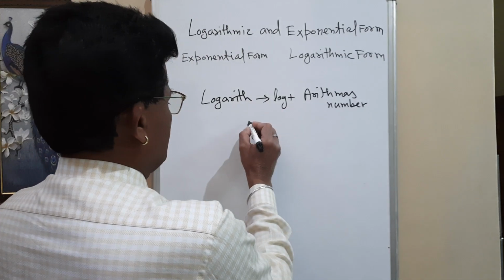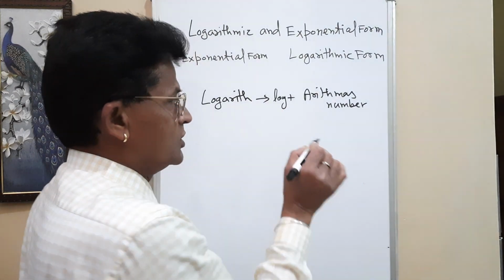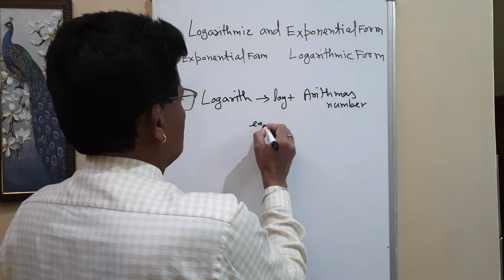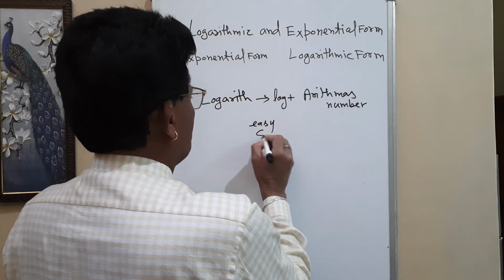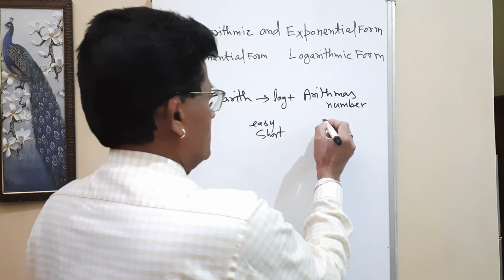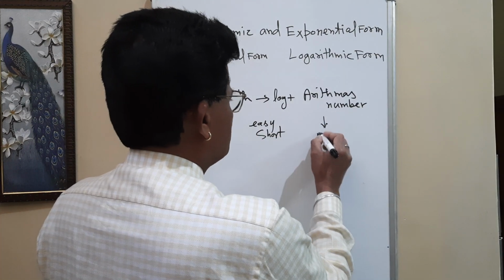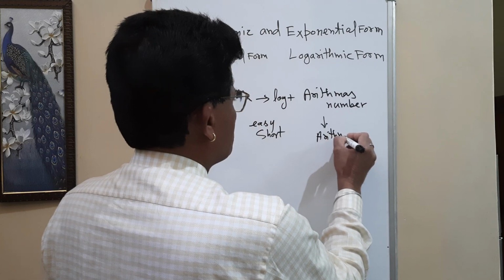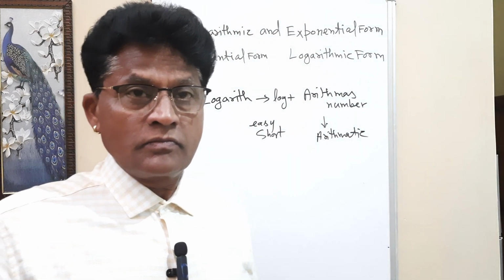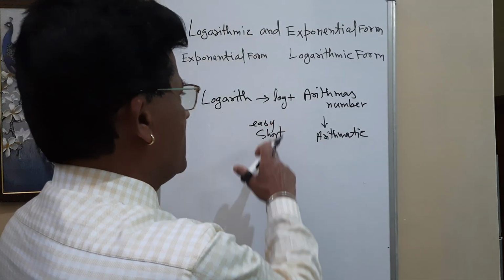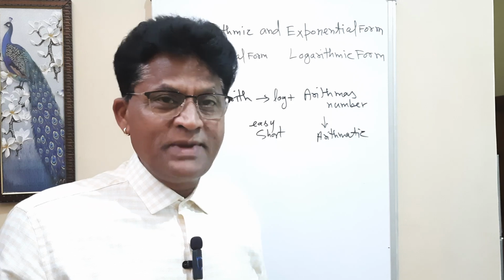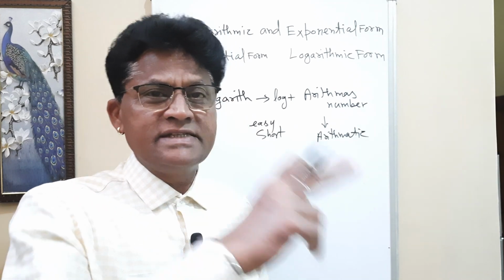Log means to make short, to make easy. Arithmas number means arithmetic. Then what is the meaning of logarithm? Logarithm means to make the arithmetic calculation easy. That is logarithm.